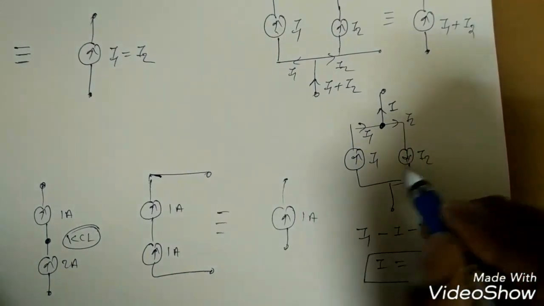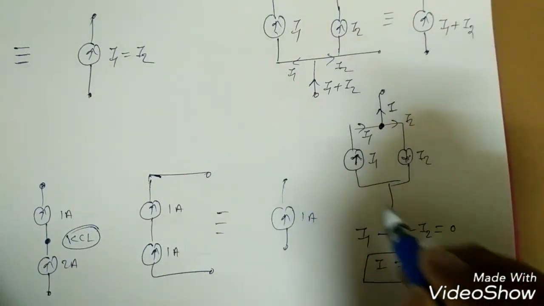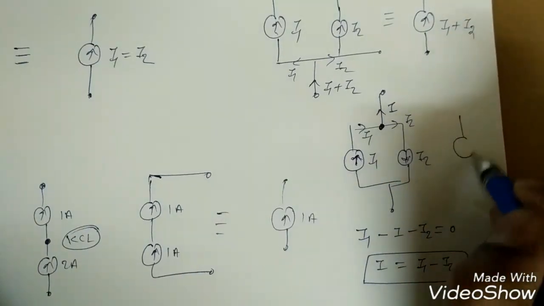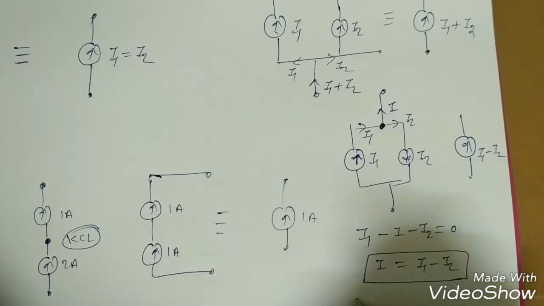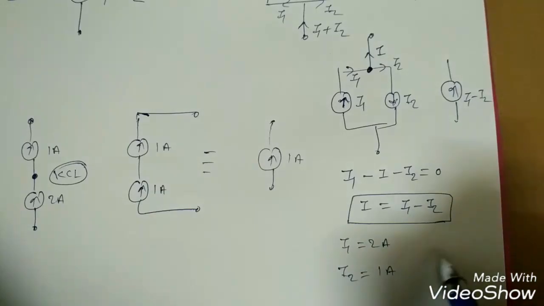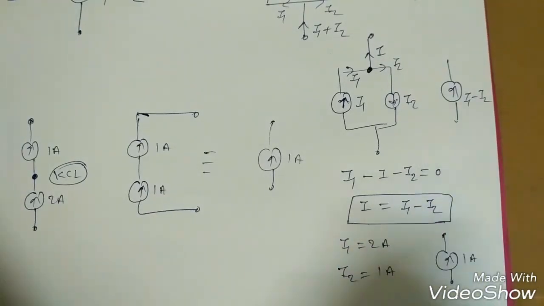Now for the current direction, suppose I1 is larger than I2, then only will the current direction be upward, which is I1 minus I2. Suppose I1 is equal to 2 ampere and I2 is equal to 1 ampere, then this will be upward, and the resultant current is 1 ampere.